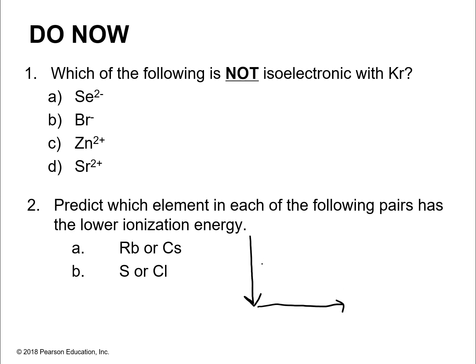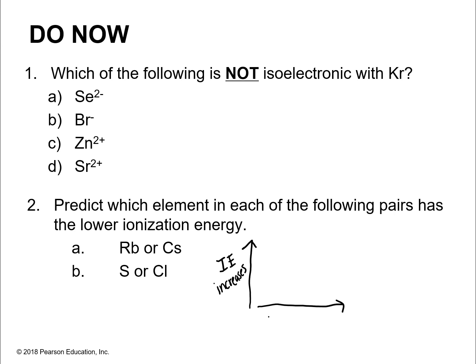For ionization energy, as you go from the top of a group to the bottom of a group, or actually, I think I taught it the opposite way, because I believe that's the way that you have in your notes. So as you go from the bottom of a group to the top of a group, your ionization energy increases.